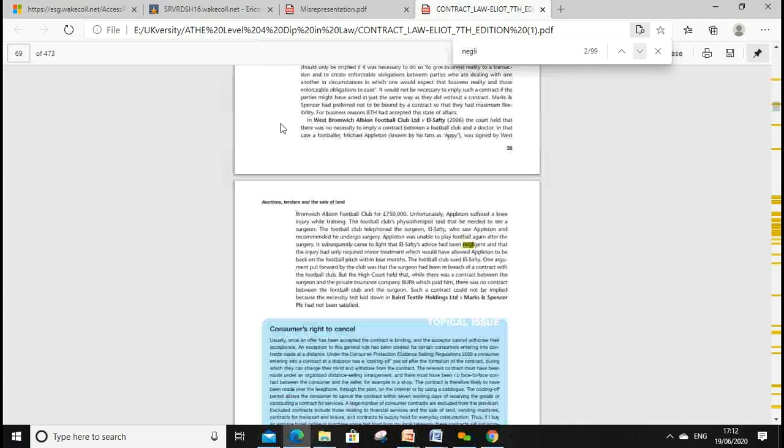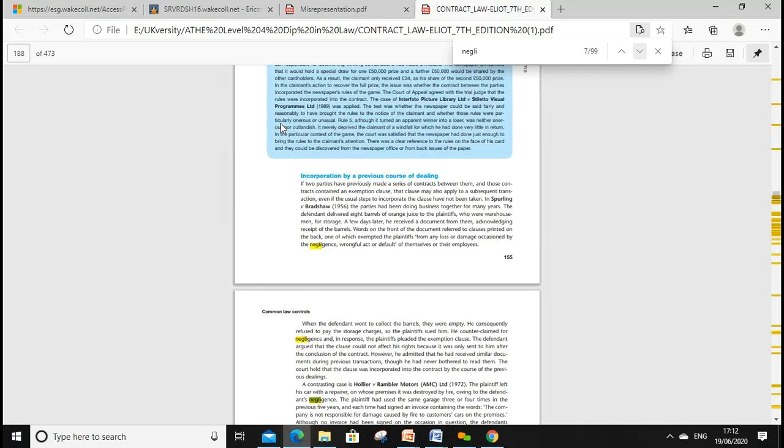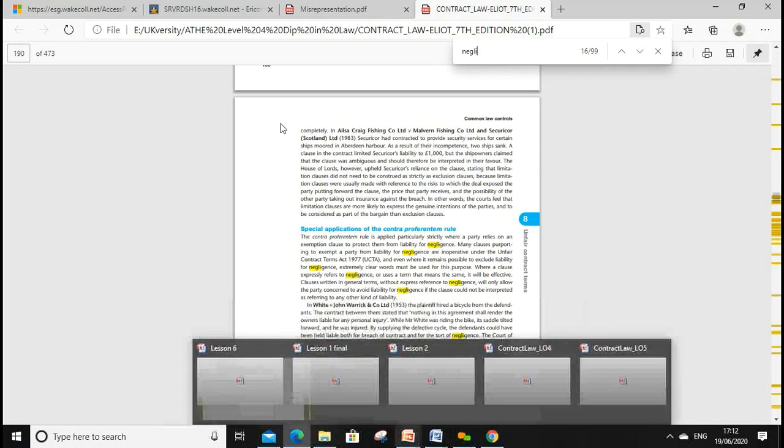You will see negligent there, and you can read it, and we have a lot of cases there as well. Any question? No, that's fine.